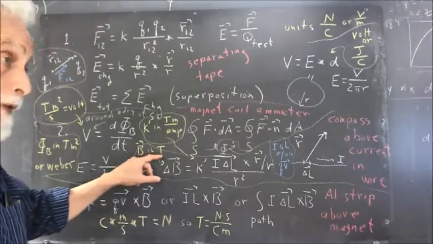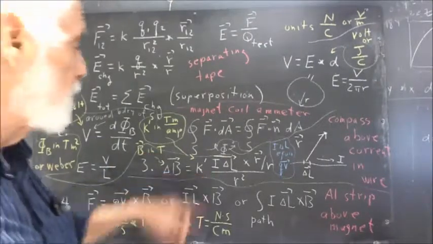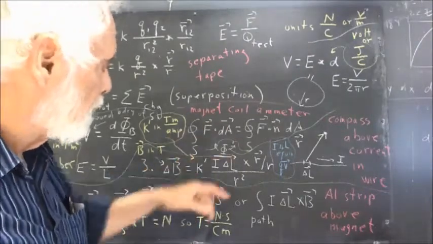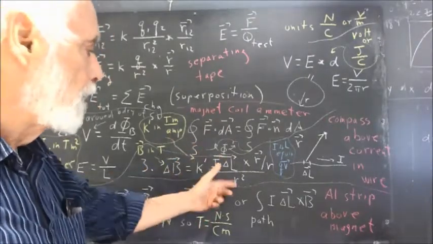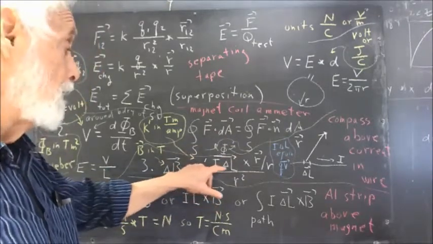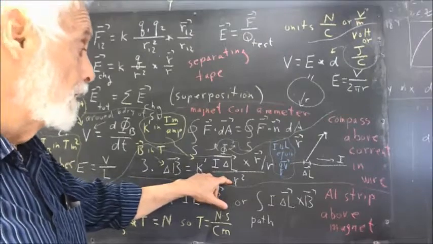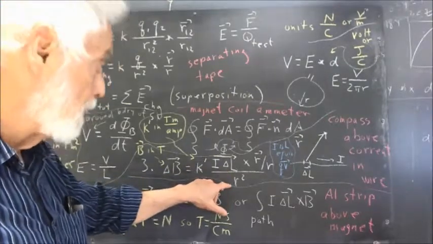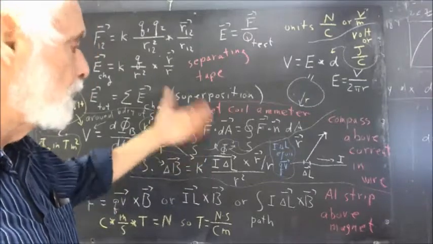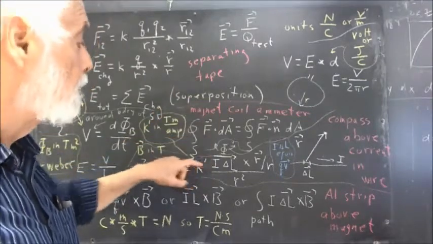magnetic field is in Tesla. So K prime has to have units of Tesla times whatever it takes to cancel out the units of all the rest of this. The units of all the rest of this: delta L is in meters, r squared is in meters squared, so we have reciprocal meters. I is in amps, coulombs per second, but amps.